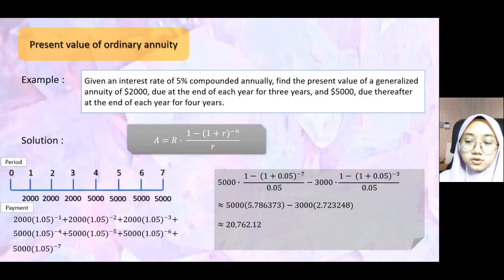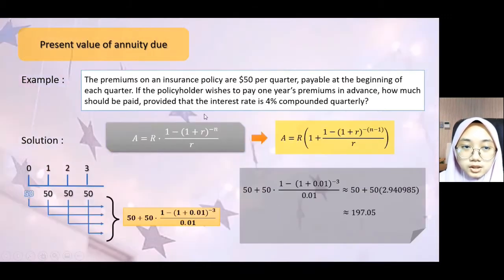We just substitute it, and then we get $20,762.12. Okay, next, present value of annuity due.